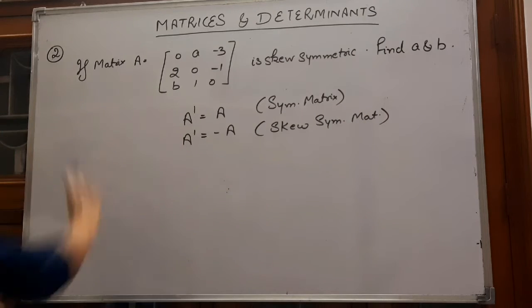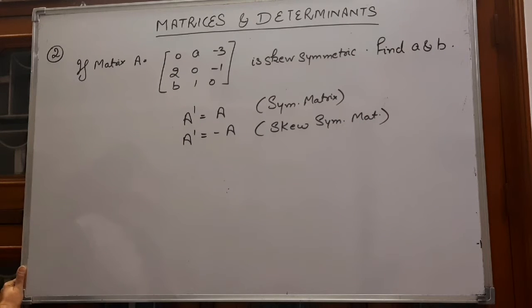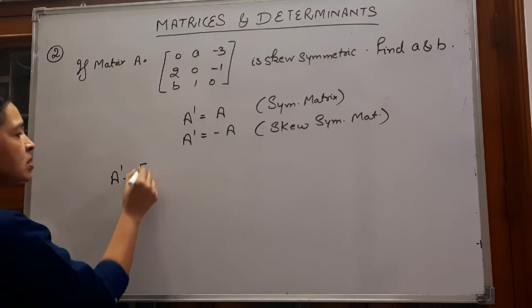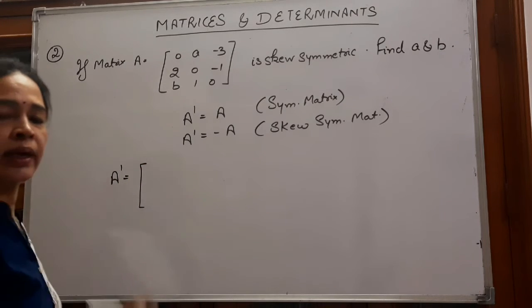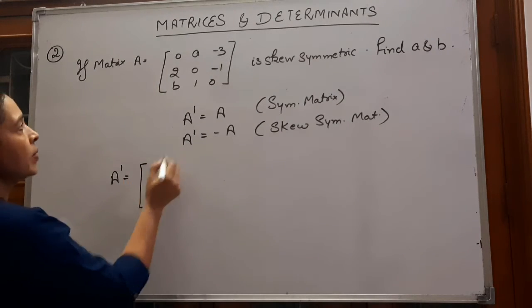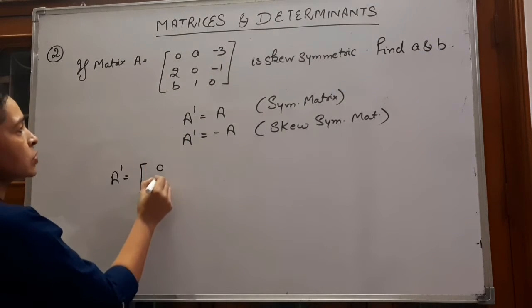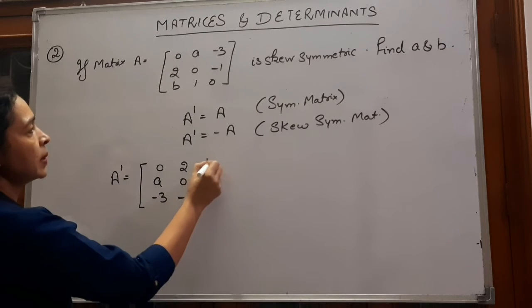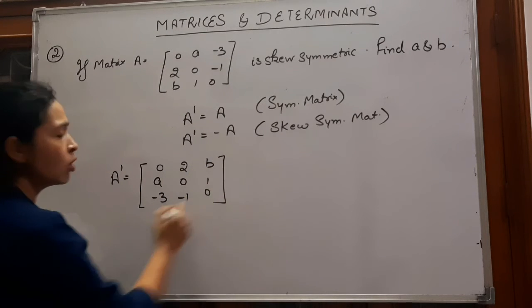Now, this matrix is skew symmetric. It means the transpose of this matrix, that is A transpose, what is A transpose? Interchange of rows and columns of matrix A: first row as first column, second row as second column, and third row as third column.